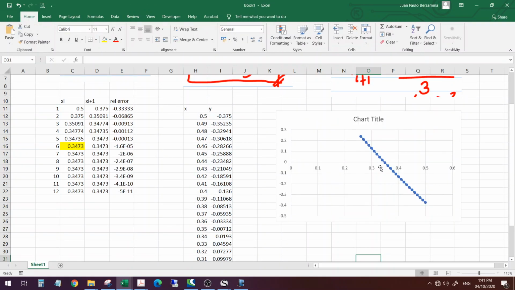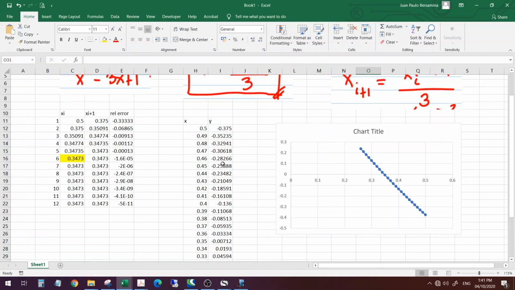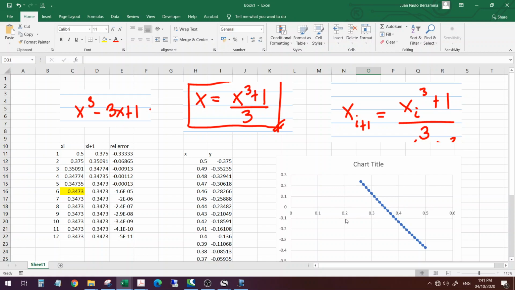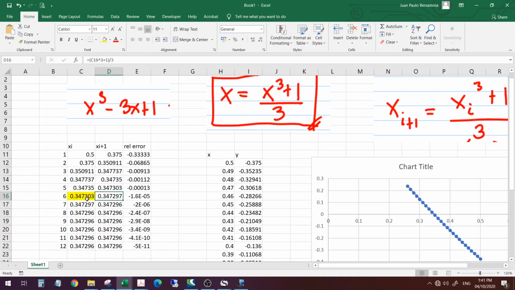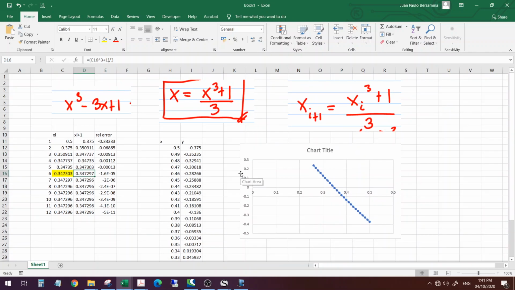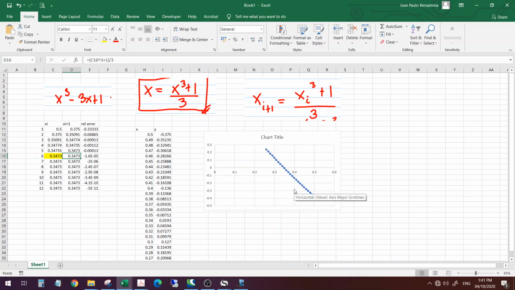So in this vicinity of x from 0.2 to 0.5, the graph of x cubed minus 3x plus 1 touches the x-axis in between 0.3 and 0.4, which is exactly, say, about 0.347 according to our numerical methods approach using the method of successive substitution. Okay, so this is the graph of x cubed minus 3x plus 1.